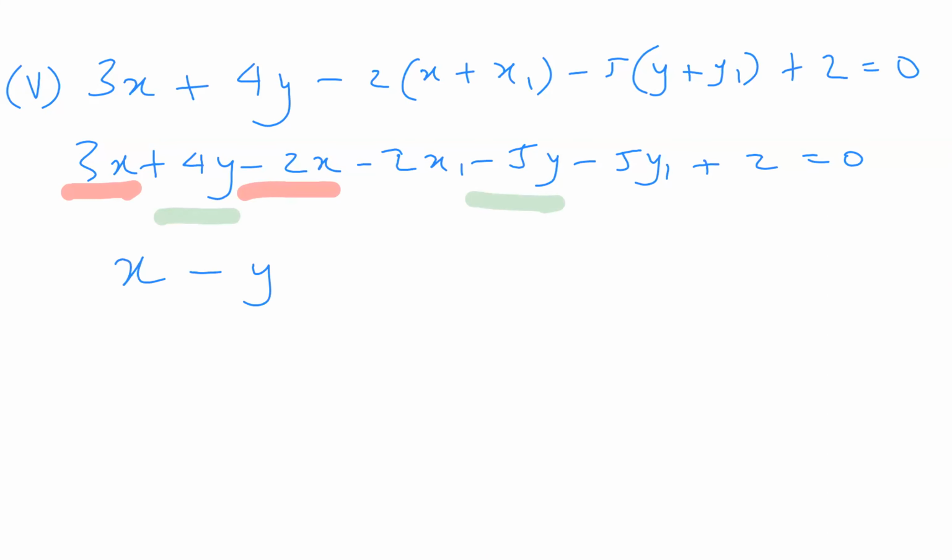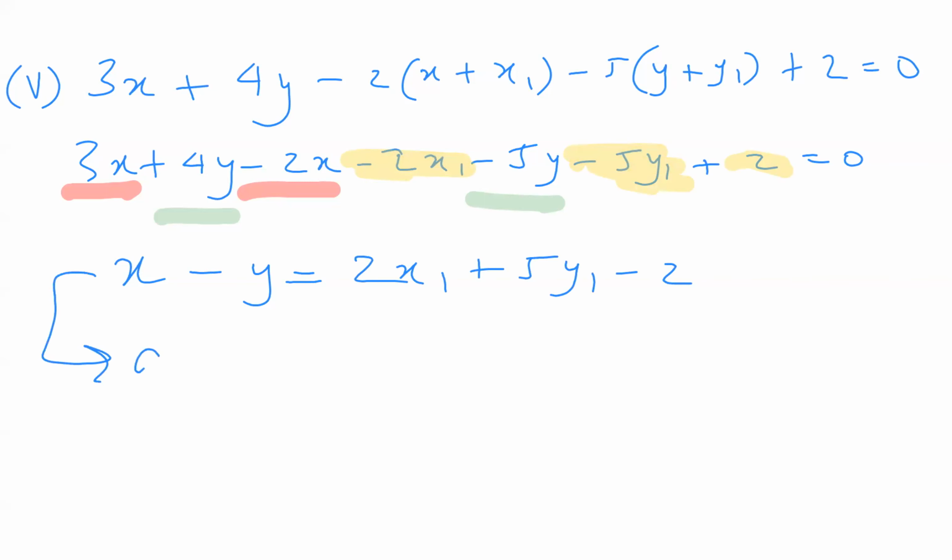So we'll shift all these remaining terms to the right hand side. So this equals 2x1 plus 5y1 minus 2. I've shifted the yellow colored terms to the right hand side.